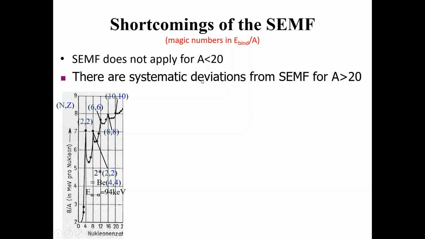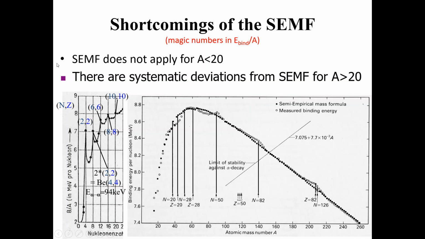Another drawback of the semi-empirical mass formula is that there are systematic deviations from it for atomic mass greater than 20. Again, if you have a close look at this diagram, you can see for yourself how the deviations occur from the semi-empirical mass formula. Last time we discussed the binding energy per nucleon curve in detail.